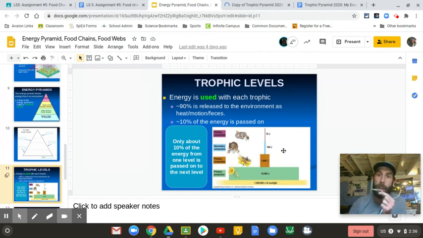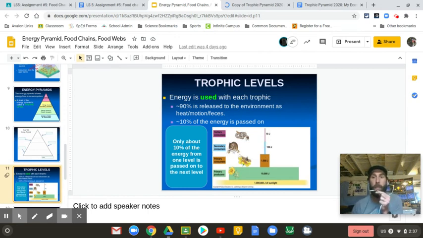Primary consumers pass about 10% of their energy on to secondary consumers, and secondary consumers pass about 10% on to tertiary consumers. That is why we see 450 gigatons of plants, of primary producers, on the earth. And that's why we see about 95 gigatons of everything else put together.